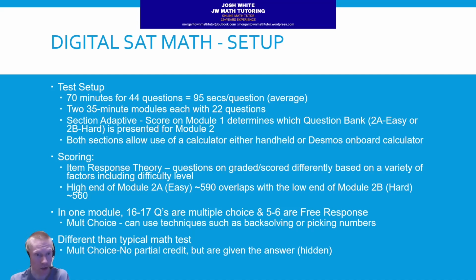So each question is essentially worth the same, but that is not the case here. If you miss what they determine to be easy questions, then you lose more points off your score. If you miss what College Board labels as hard questions, then you lose fewer points off your score.